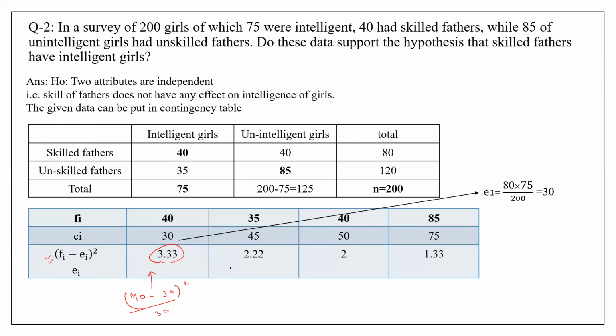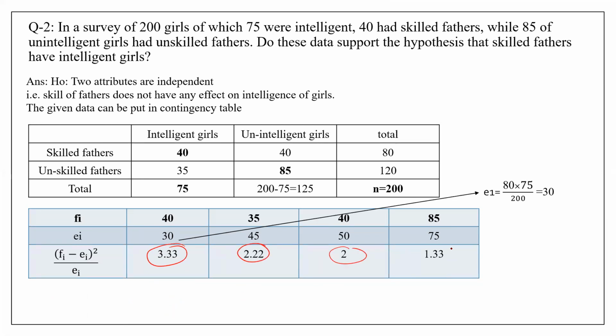This part will be 35 minus 45 whole square divided by 45, which gives 2.22. Similarly, this will be 40 minus 50 whole square divided by 50, which gives 2. And here, this will be 85 minus 75 whole square divided by 75, which gives 1.33.